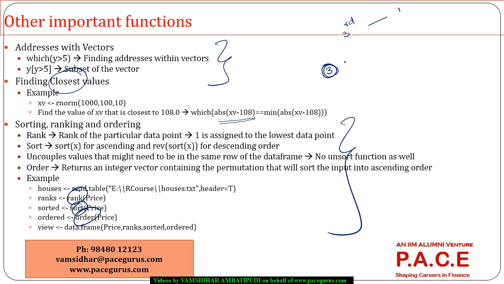If the next is 6, then the sixth value will be the next highest value, and so on. So in the order, we are getting an integer vector, a permutation that will sort the input into the ascending order. So that's one thing we have to differentiate with respect to the order.